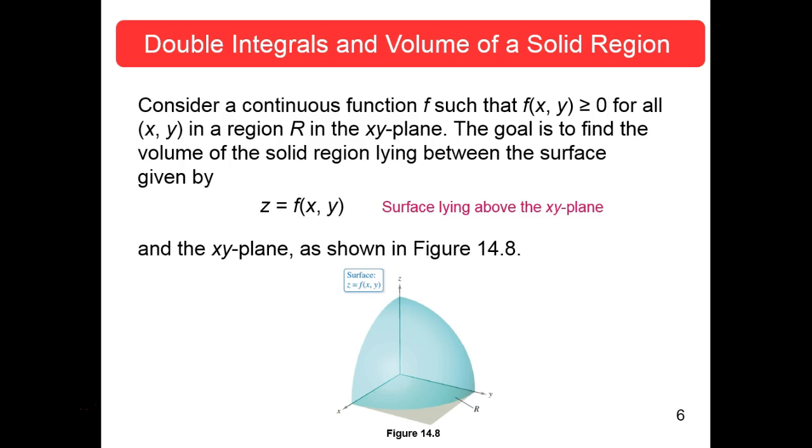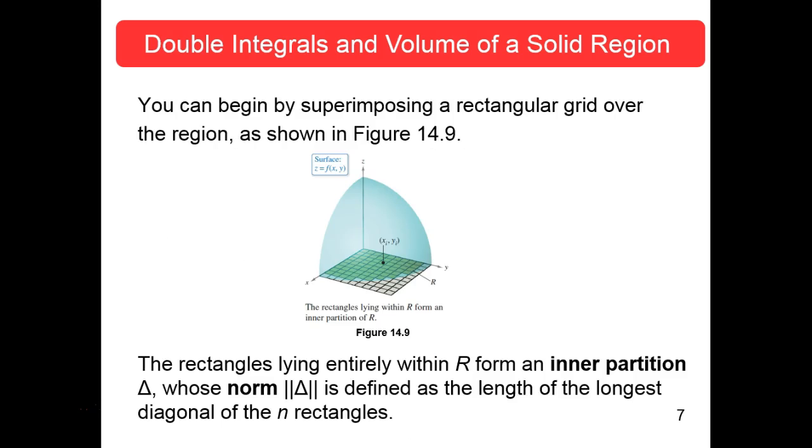Now, you can begin by superimposing a rectangular grid over the region, with delta x this way and delta y that way. Some of these will be outside and won't contribute anything, but we'll take those on the inside.